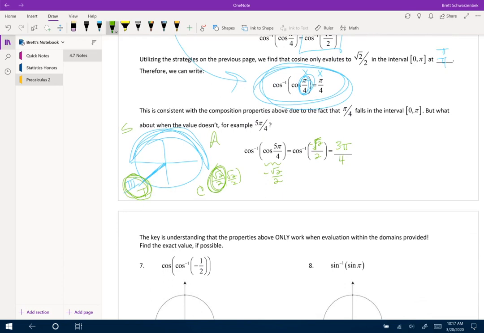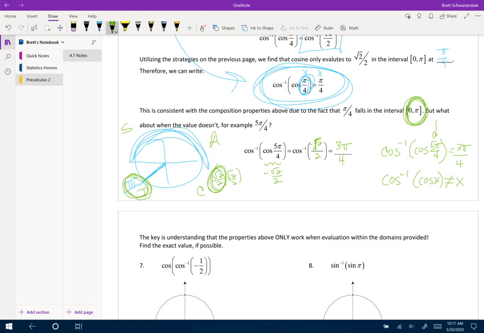In summary, without all the work, the cosine inverse of the cosine of 5 pi over 4 is actually 3 pi over 4. So the formula cosine inverse of cosine of x does not equal x, because 5 pi over 4 is not in the interval 0 to pi.